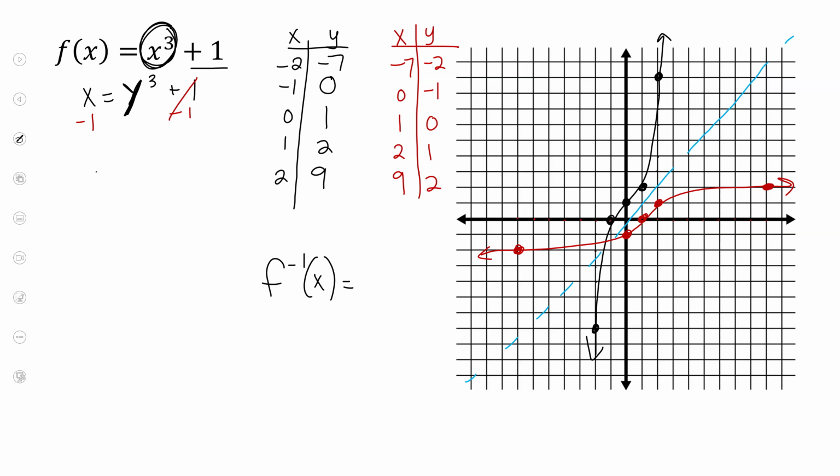You now have X minus 1 equals Y cubed. Then I'm going to take the cubed root of both sides. So that's my answer. This is my inverse.